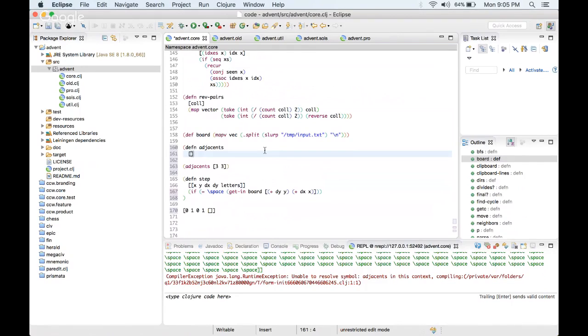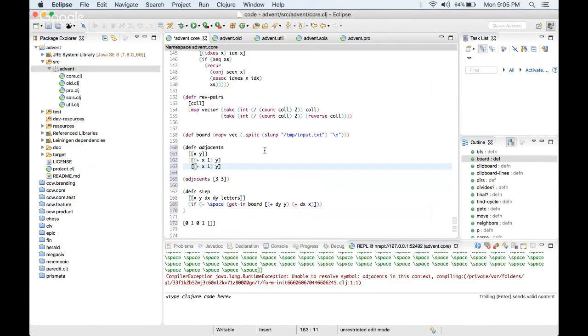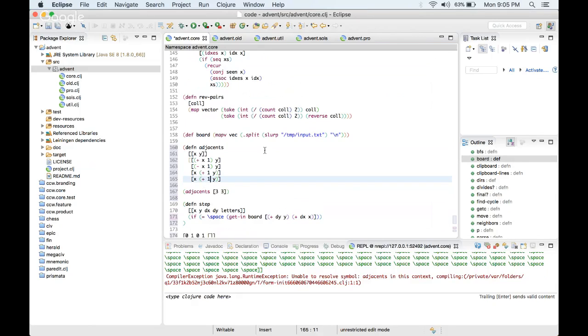I think that pretty much just for an x and a y, I'm just going to emit maybe this minus, and then minus, take just x, add 1 to y, take 1 away from y.